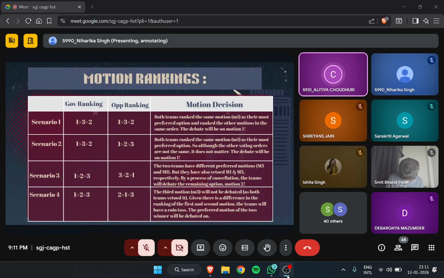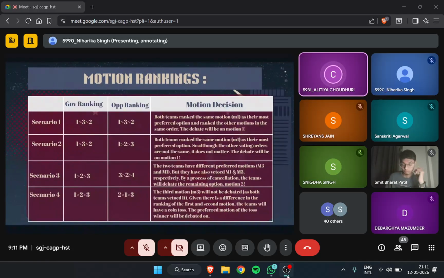Right. So, because we told you there's going to be three motions, and this does not happen in a normal 1v1, right? In an APD, you have three motions. So, you have motion one, motion two, and motion three. And each team, that is government team or opposition team, then goes ahead and ranks those motions according to their preference, which means you will have a motion that you will prefer more and you will have a motion that you will absolutely not want to debate.